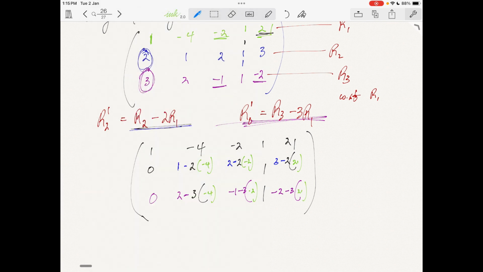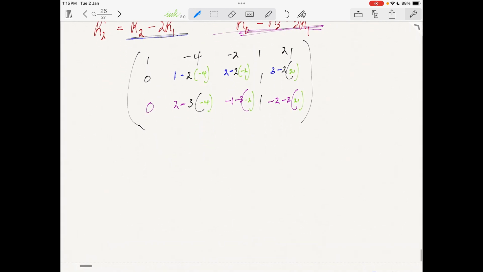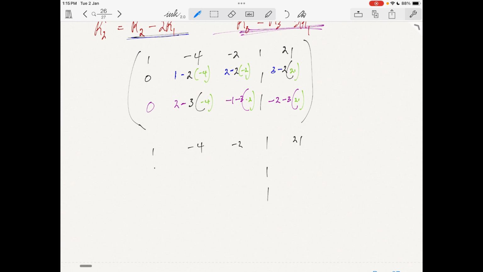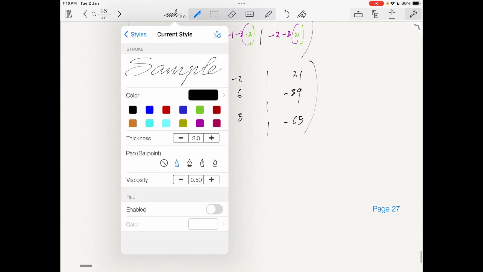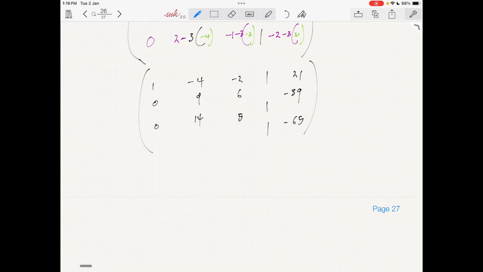So having done that, this gives us 1, minus 4, minus 2, 21; 0, 0, 9, 14, 6, 5, minus 39, minus 65. Now the next stage is to convert this to 0.